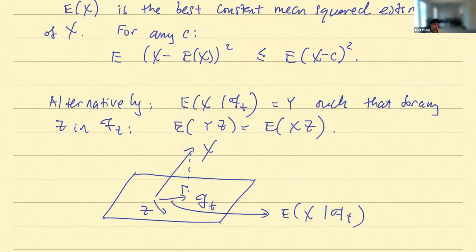That is true for projection, because when you take the inner product, you are really projecting X on Z, but that's the same as first projecting X onto the space that Z belongs to, and then doing that projection on Z.